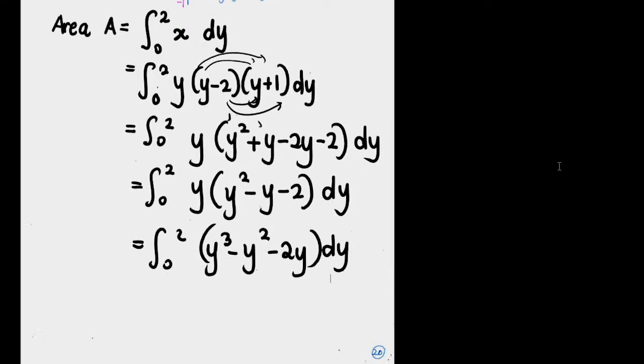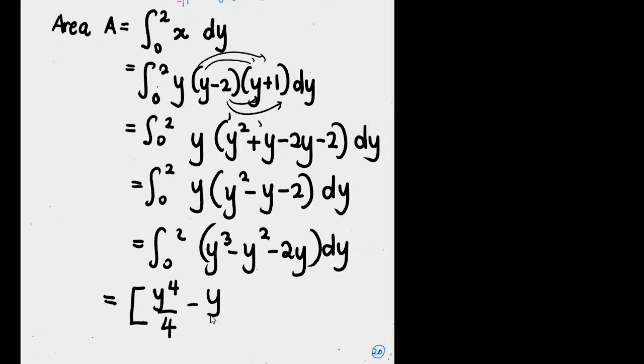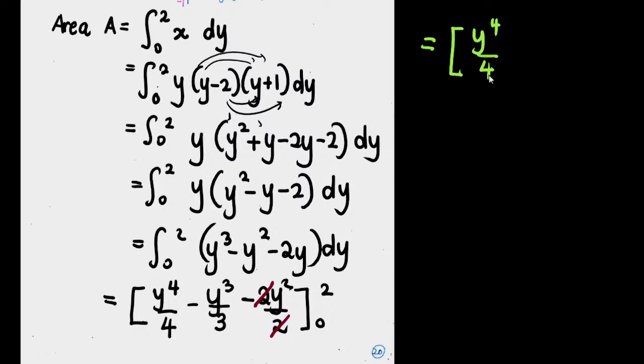Okay, then we integrate. Okay, so when you integrate, it will become y power 4 over 4 minus y power 3 over 3 minus 2y square over 2, close bracket. So anything that can simplify here, we just cut. Okay, so from here teacher is going to solve this only. y power 4 over 4 minus y power 3 over 3 minus y square, 0 to 2.